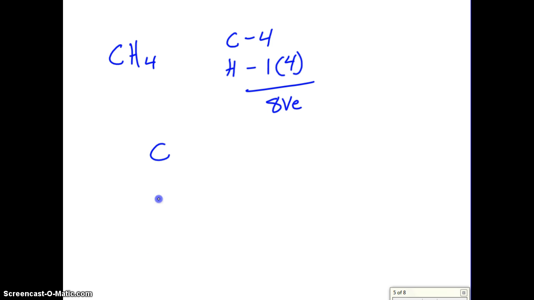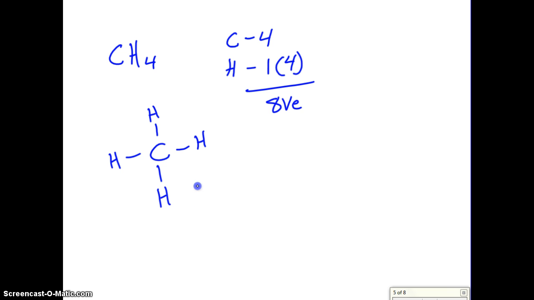So carbon is our central atom. We draw our single bonds to the hydrogens, and we typically do 1 on each side, kind of like the box we did with the Lewis dot structures of the atoms. And then from there, we count up how many valence electrons we have shown. Well, each bond represents 2. So 2, 4, 6, and 8. So we've shown all 8 of our valence electrons.